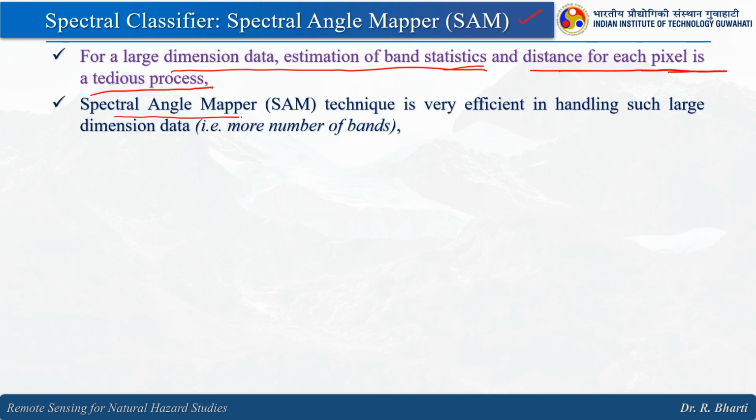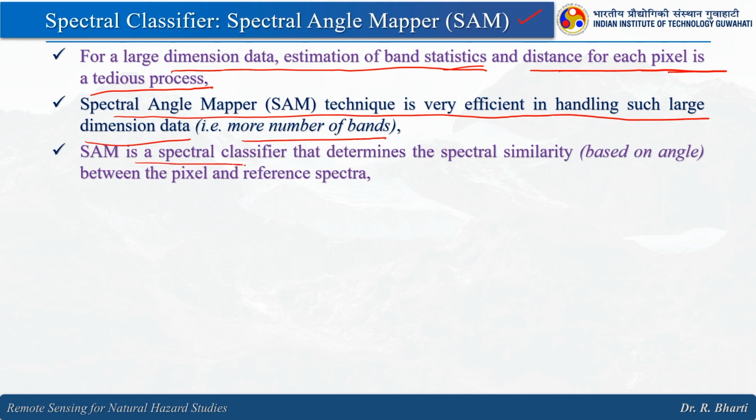So, the spectral angle mapper technique is very efficient in handling such large dimension data. So, large dimension means more number of bands. SAM is a spectral classifier that determines the spectral similarity based on the angle between the pixel and reference spectra.